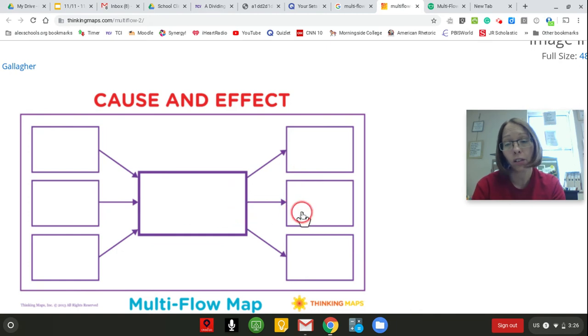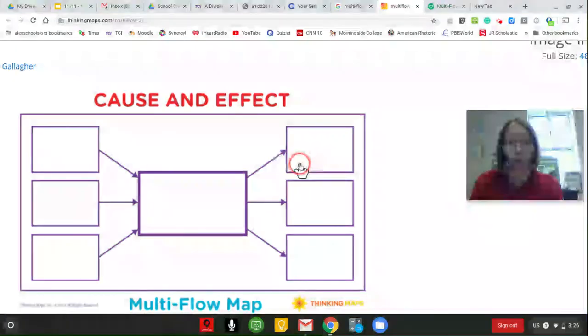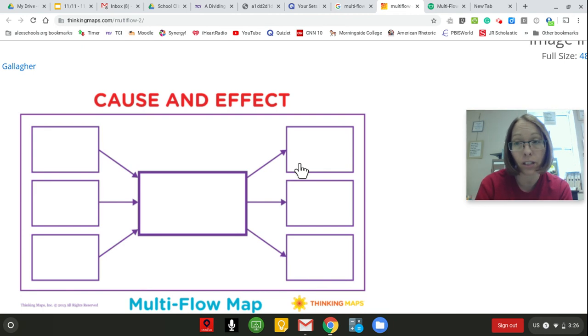Your teeth are healthy because you brush your teeth. Your breath doesn't smell bad, so other people want to talk to you. Whatever it might be, causes bring about the event, and the effects then are because of the event. They come from the event. So that's what a multi-flow map is, and that's a basic understanding of cause and effect.